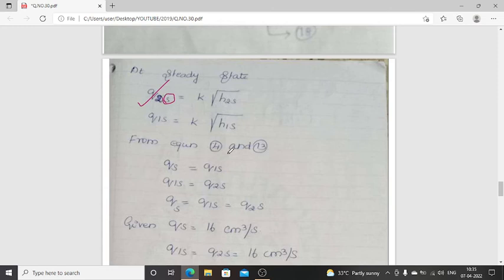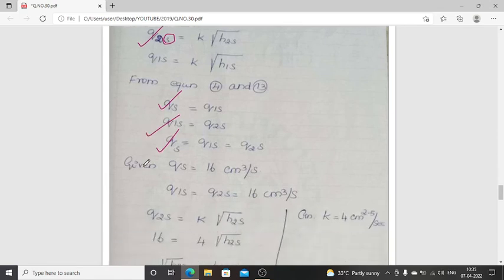From equations 4 and 13, Qs minus Q1s is equal to 0. Refer to the previous one, the 13th expression: Q1s minus Q2s is equal to 0. From that, Qs is equal to Q1s, and Q1s is equal to Q2s. Comparing these, finally we get Qs is equal to Q1s is equal to Q2s.